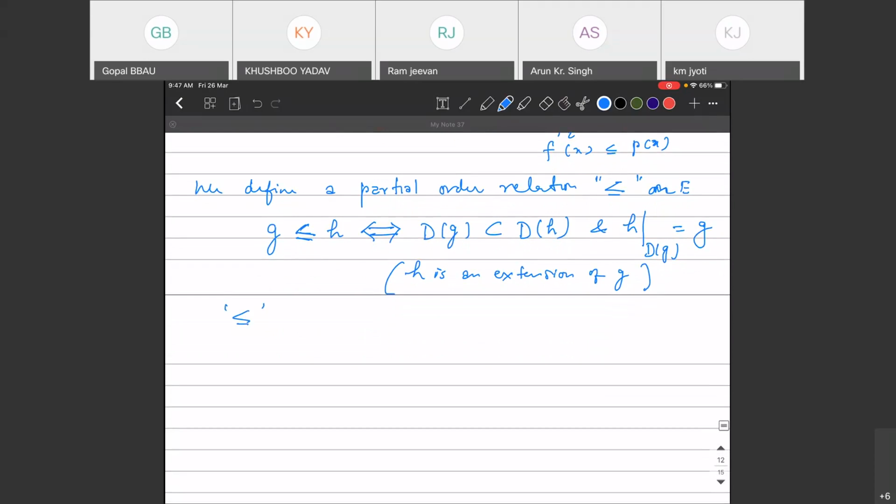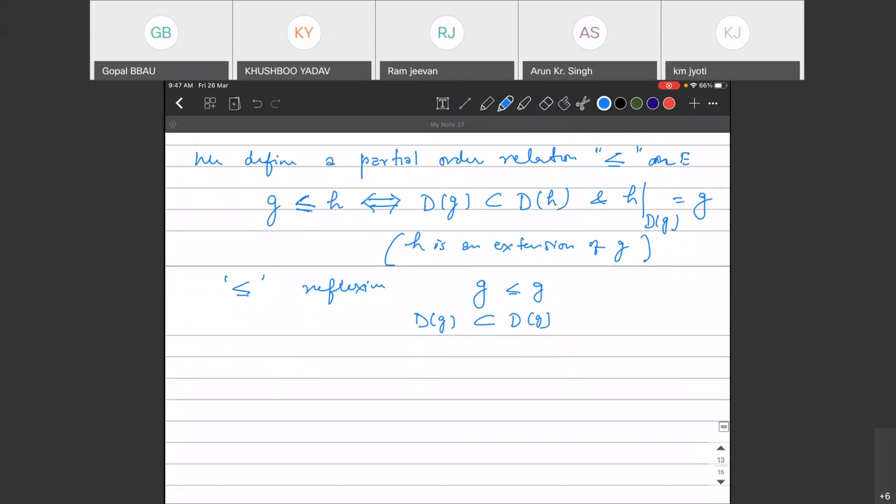So this is reflexivity: this is always true. G is less than or equal to G, because DG is a subset of DG, and G restricted to DG is equal to G.